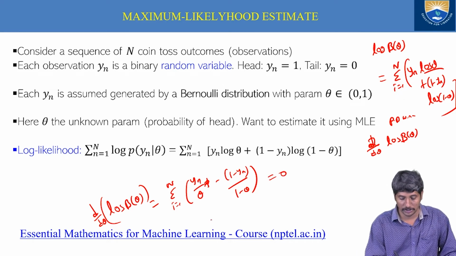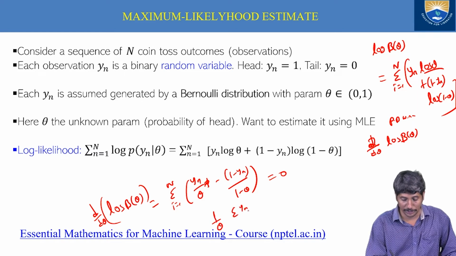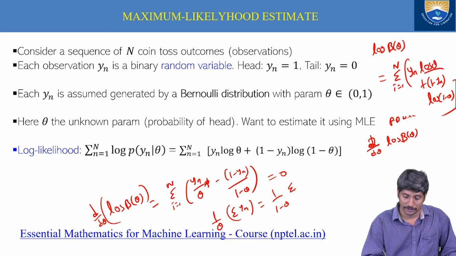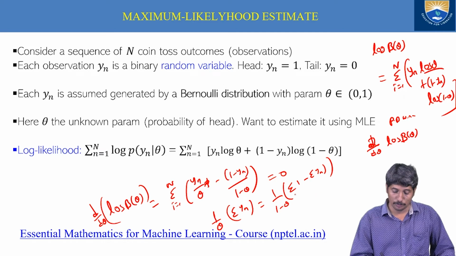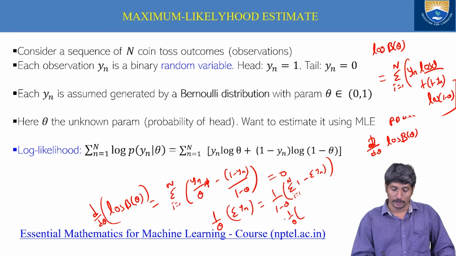Equating it to 0 means 1 by theta into summation yn is equal to 1 by 1 minus theta into summation of 1 minus summation yn, with i equals 1 to n.